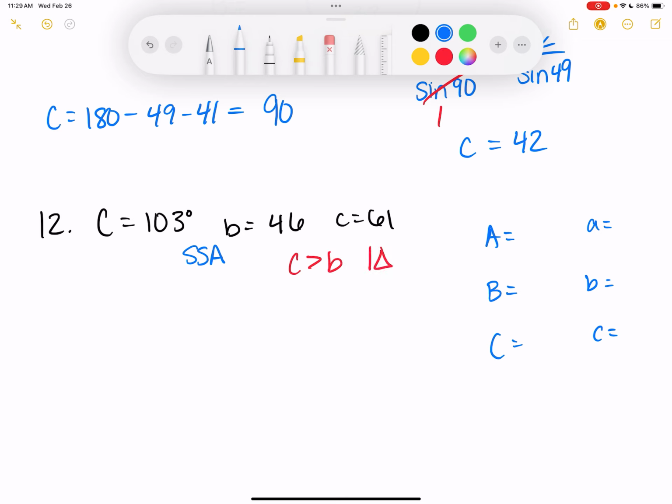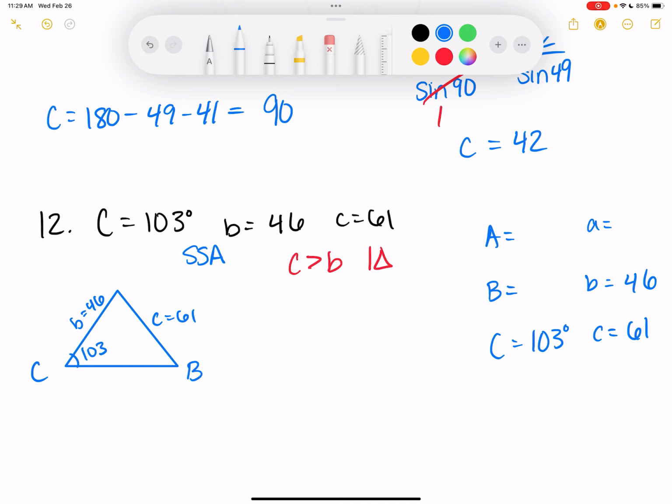So I'm going to write all this stuff in, now that I know I'm actually solving a triangle. So again, angle C would be here, side C would be over here, and then side B would be here. Obviously this is B, A, there.